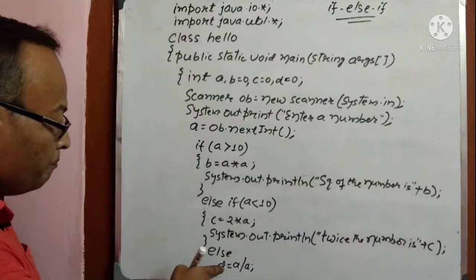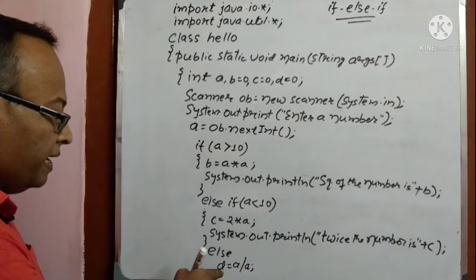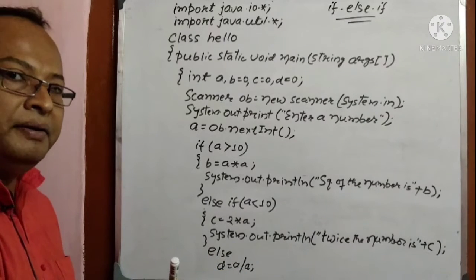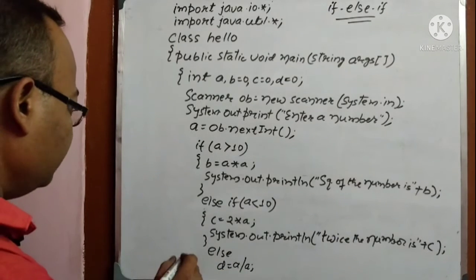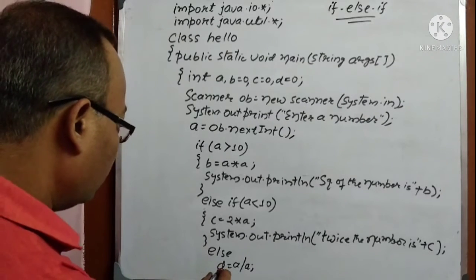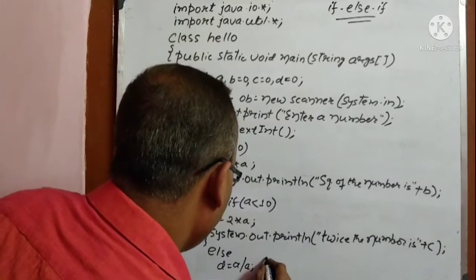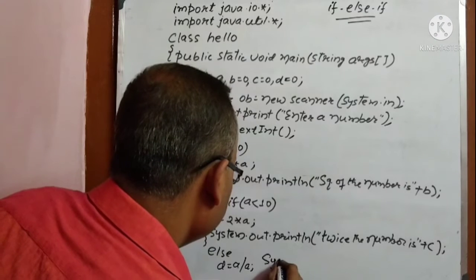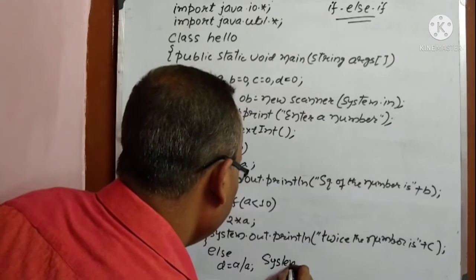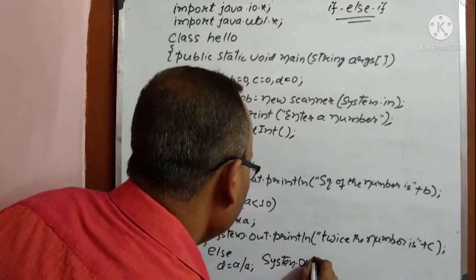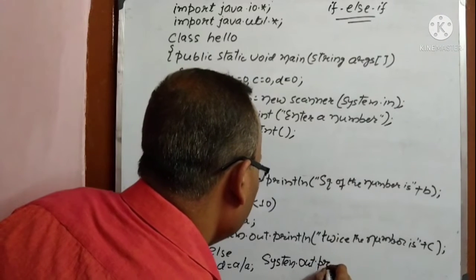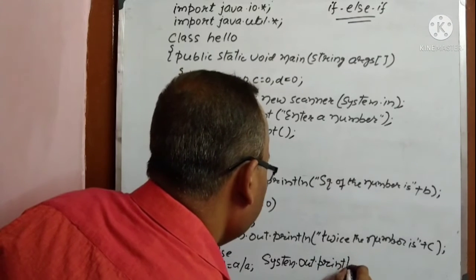I am storing a by a in the variable d. Then I will just print this thing. What you have to write? System.out.println.